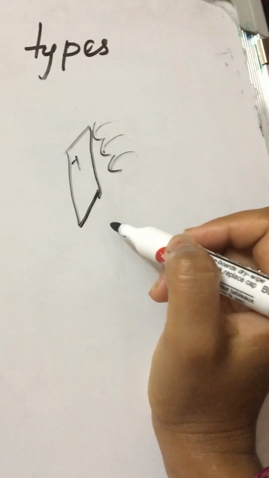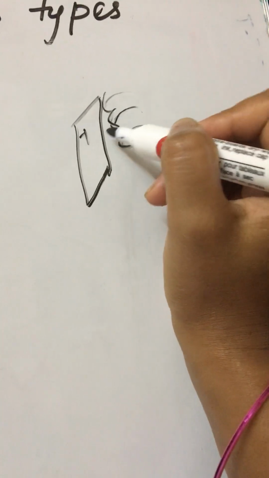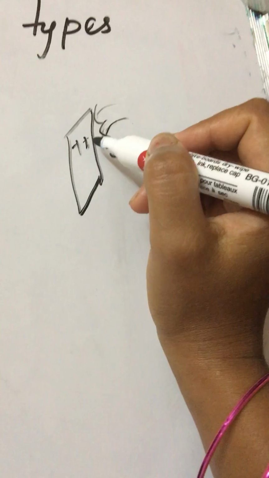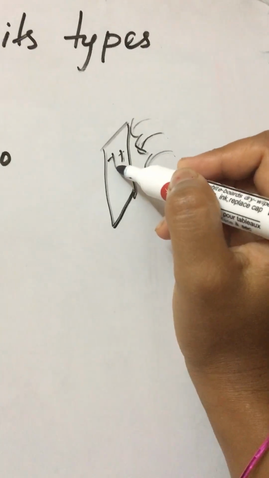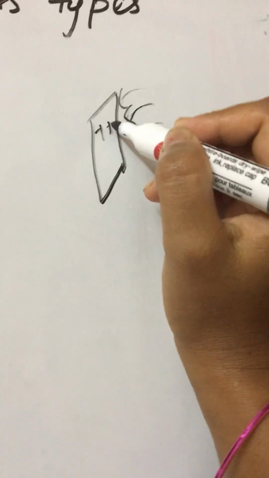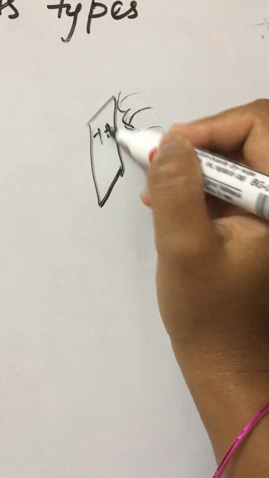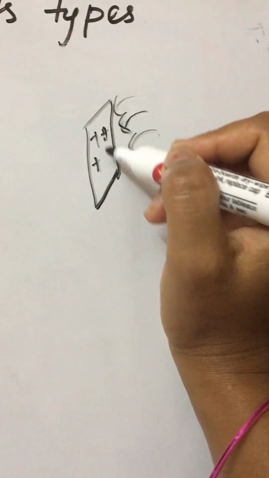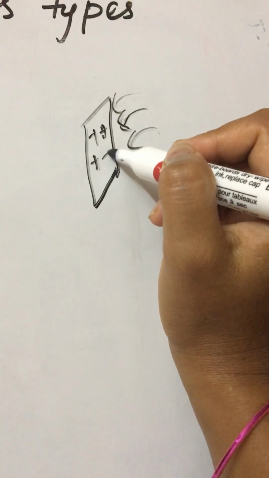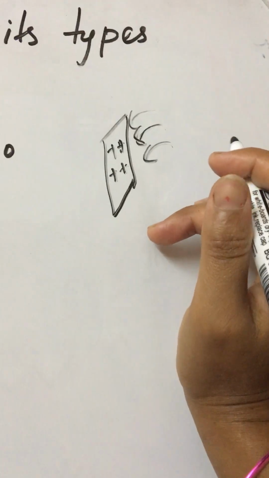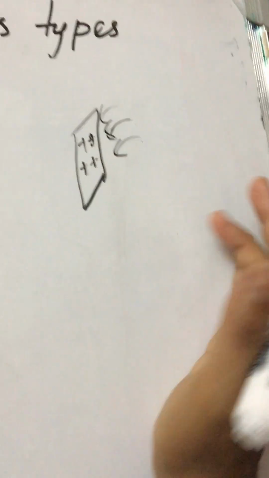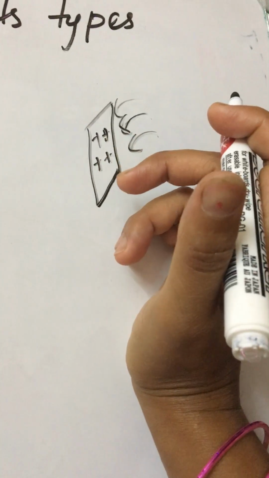One charge you put, then another charge has to face the repulsion due to the first one, right? So it will be harder to put this plus here. The further you put, the stronger the repulsion will be. So the potential of it will keep on increasing, right?